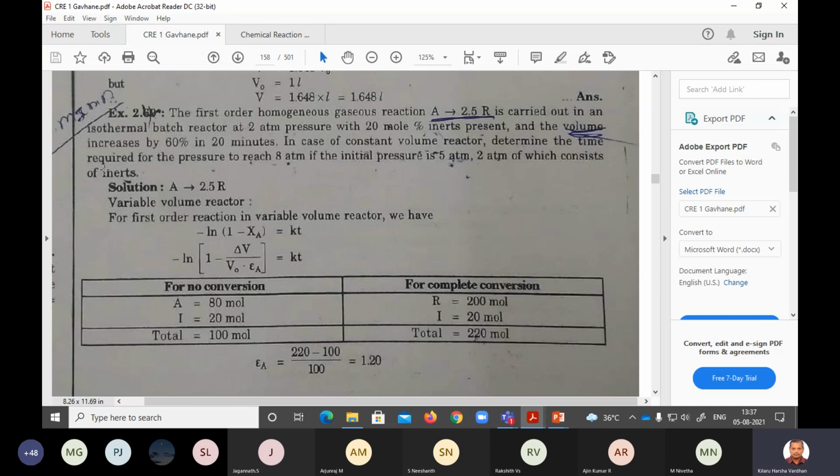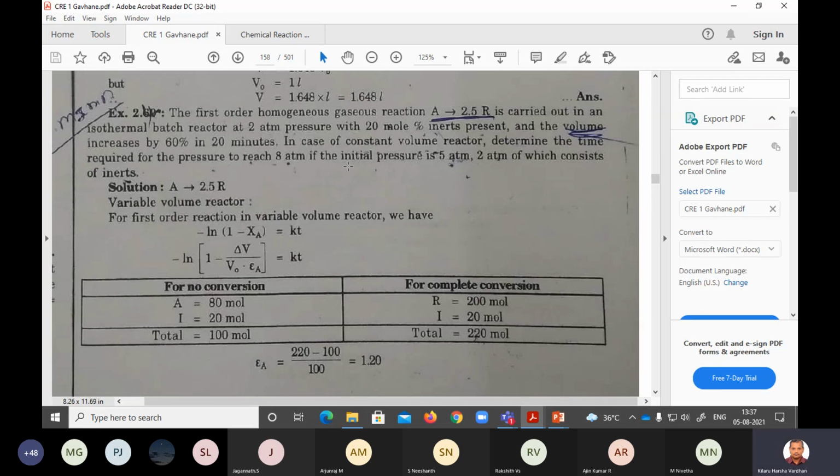In the earlier case, it is kept at a constant pressure, that is 2 atmospheres. Now, if the same reaction is happening in a constant volume reactor, determine how much time will be required for the pressure to reach 8 atmospheres, because initially it is 2 atmospheres. So to go from 2 atmospheres to 8 atmospheres, how much time is required?